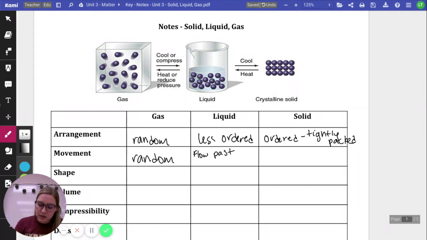And then solids, gosh, guys, they nearly don't move at all. The movement is nearly negligible, they just vibrate in place. It's so small, the particles aren't sliding past each other or anything like that.